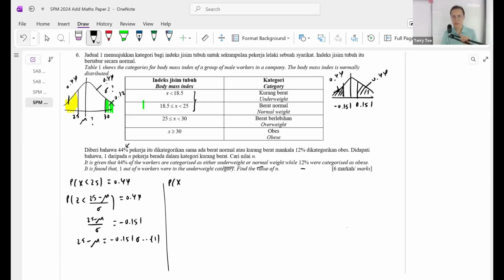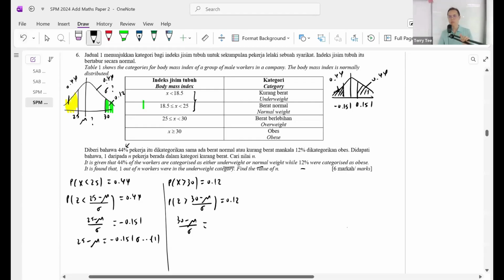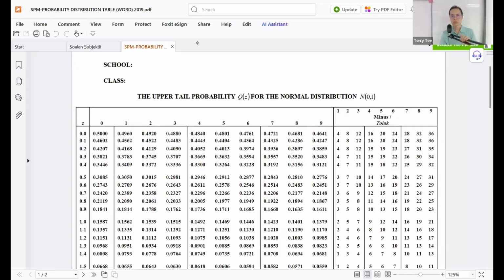Then for x more than 30, this is 0.12, we standardize it. 30, you minus your mean, divide by standard deviation, is 0.12. 30 minus mu over standard deviation. 0.12, read from the table, where's 0.12, the closest I got is 1210. So it's 1.17, subtract 10, 1.175.